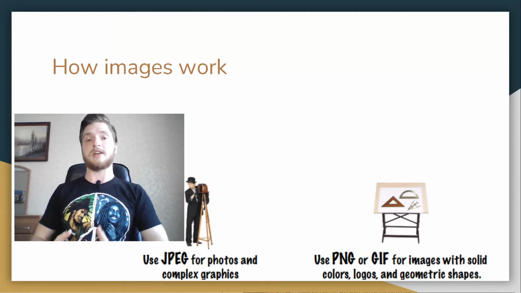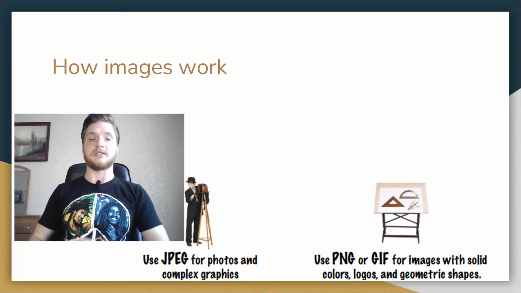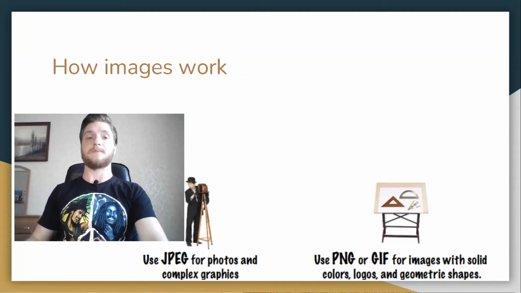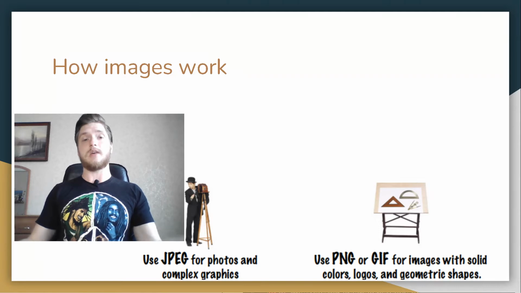Use PNG or GIF for images with solid colors, logos and geometric shapes. PNG works best for images with a few solid colors and images with lines, like logos, clip art, and small text in images. PNG can represent images with millions of different colors. PNG comes in 3 flavors: PNG-8, PNG-24, and PNG-32, depending on how many colors you need to represent.